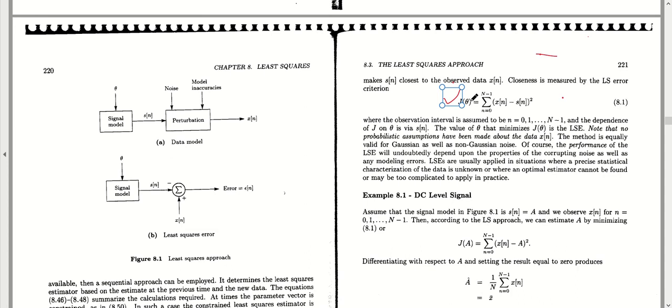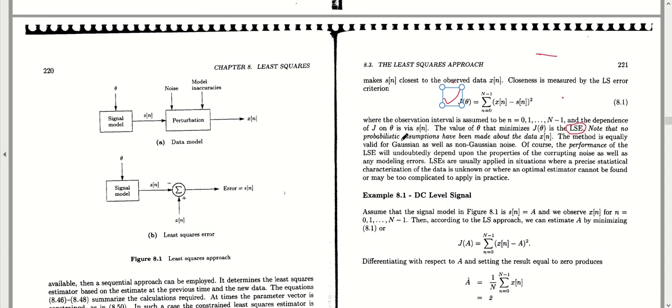We define J theta equal to the summation of Xn minus Sn, squared, where the observation interval is assumed to be n equal to 0, 1, all the way to N minus 1, and the dependence of J on theta is via Sn. The value of theta that minimizes J theta is the LSE. This is called the least square error estimator.